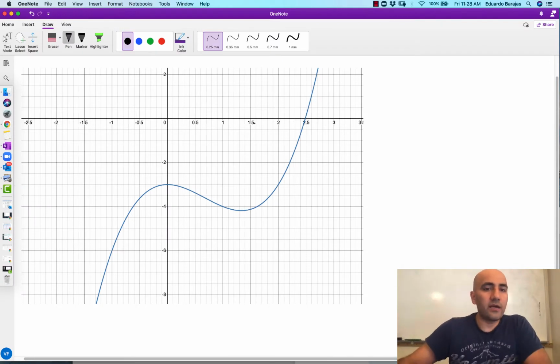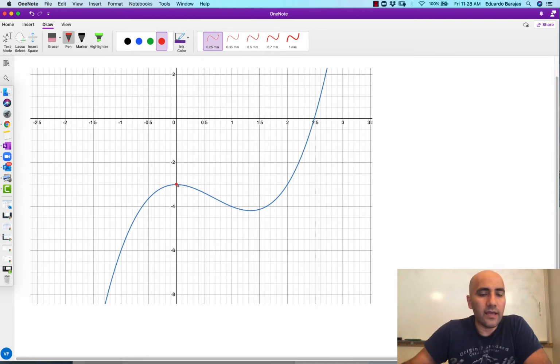Okay, so matching it up to the work we had before, we know that we had a y-intercept point here at (0, -3). And we know that another interesting point is this point here at 4/3. So I know that that translated to a point here.